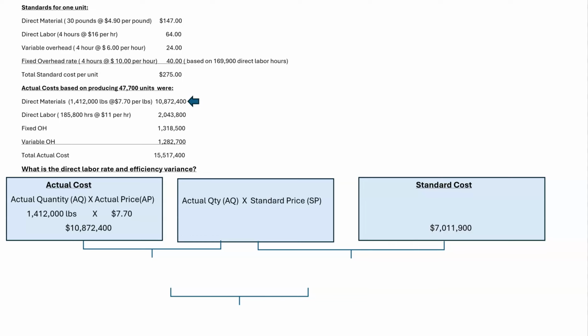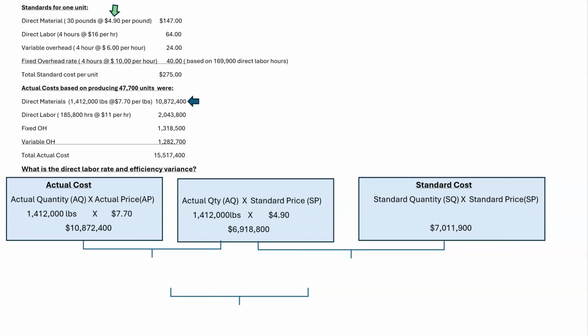Now we're going to look at the actual quantity times the standard price. So we're going to again use our 1,412 pounds, but we're going to take it times the standard cost, which gives us a total of $6,918,800. Then we're going to look at the standard cost.